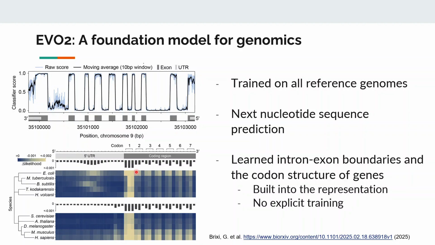So the model is somehow able to see this difference in the importance of codon positions by just looking at all the reference genomes and learning to predict the next nucleotide. So this is a cool example of how, when you train the model on raw data, somehow it understands the higher order structure of the data. It even understands some biology of the data, even though it's not trained to do so.